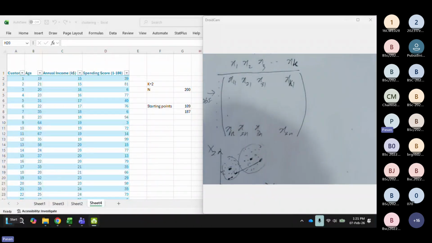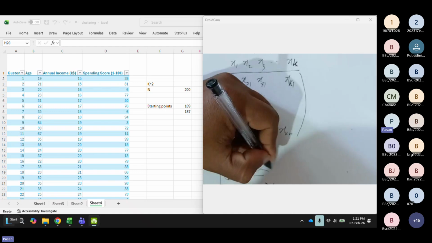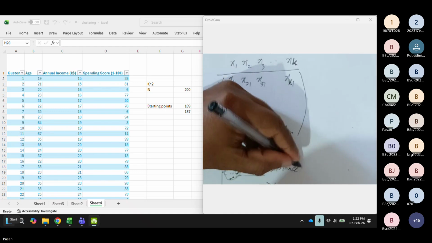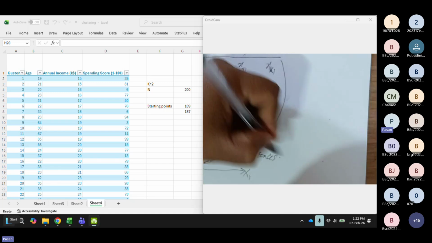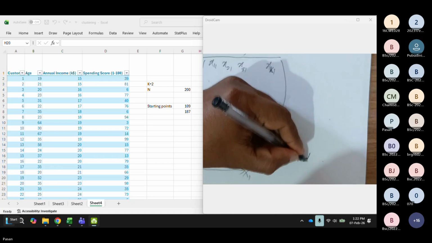Like that, between each and every observation, you can measure their distance. These distances are called the Euclidean distance.